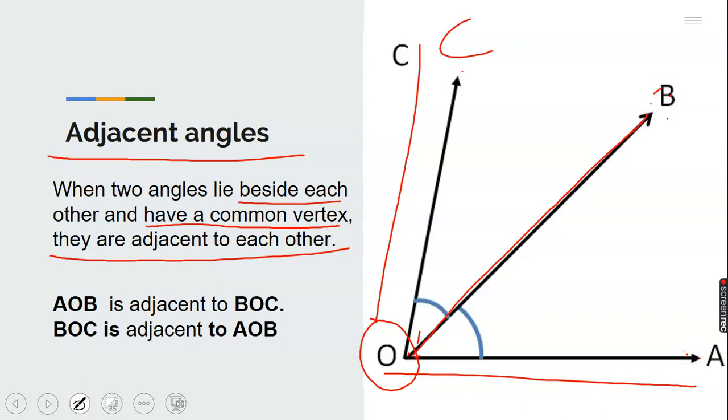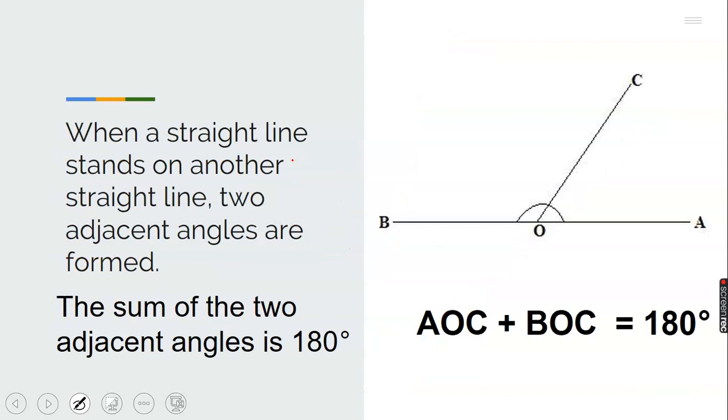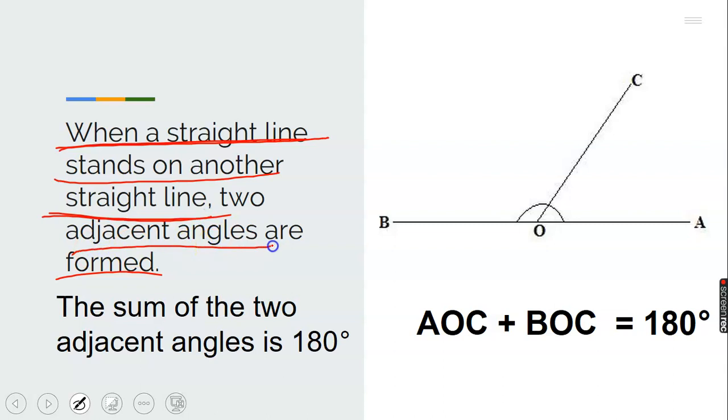That is adjacent angles. Now we move to when a straight line stands on another straight line, two adjacent angles are formed. The sum of the two adjacent angles is 180.